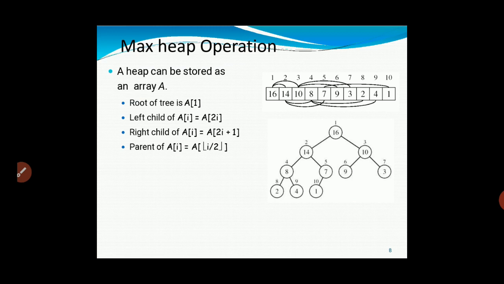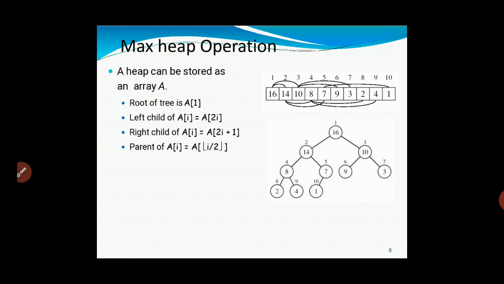We start with the root, which is A of i. First we consider the root. And how do we know the left child and the right child? If we consider A of i, then the left child is A of 2i.